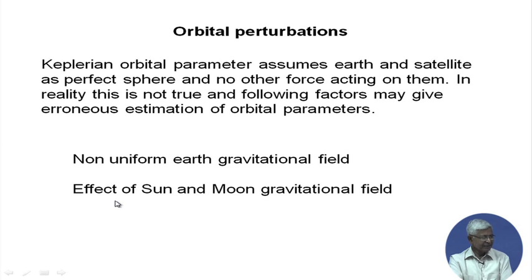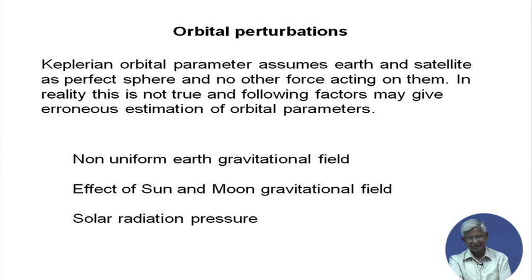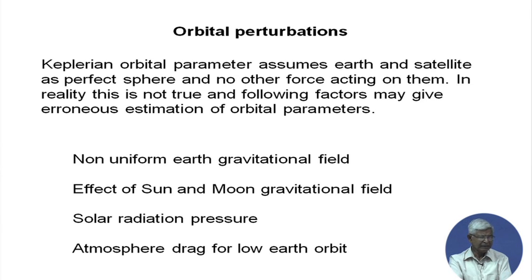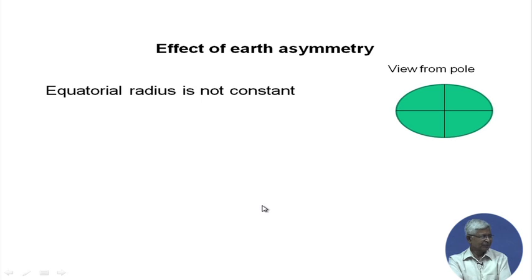Then there is the effect of sun and moon, their gravitational field. Then there is solar radiation pressure. Solar radiation is putting some pressure on the surface of the satellite, which has solar panels. And if it is a lower Earth orbit, you will have atmospheric drag, which will slow down the orbit. These are some of them. Let us look at each of them very briefly.